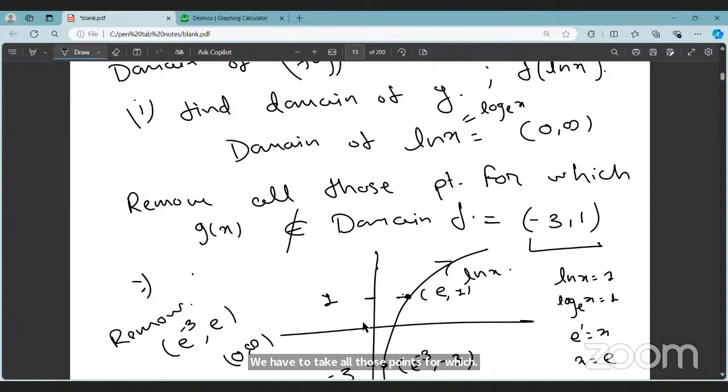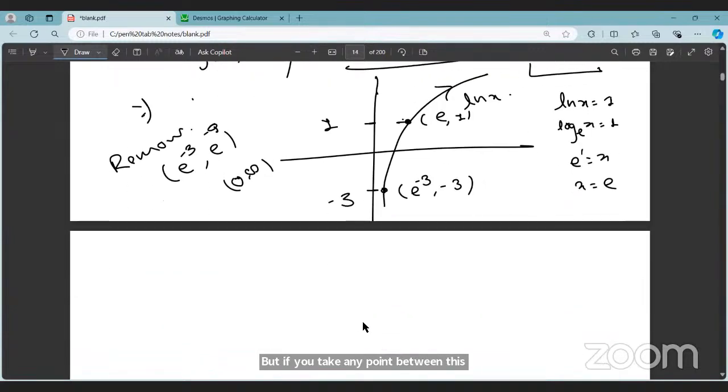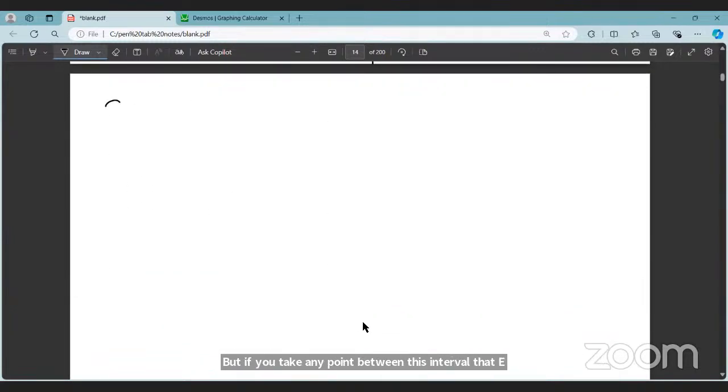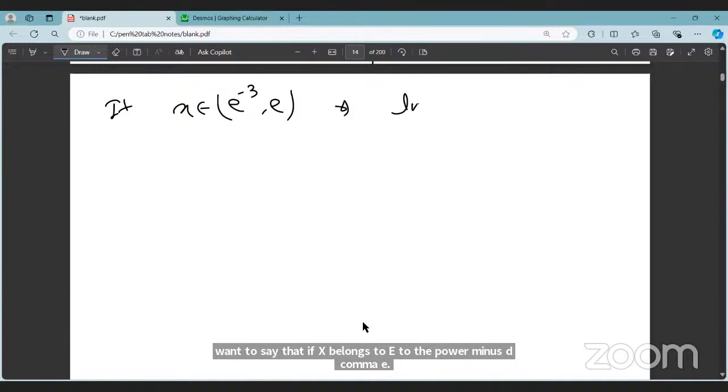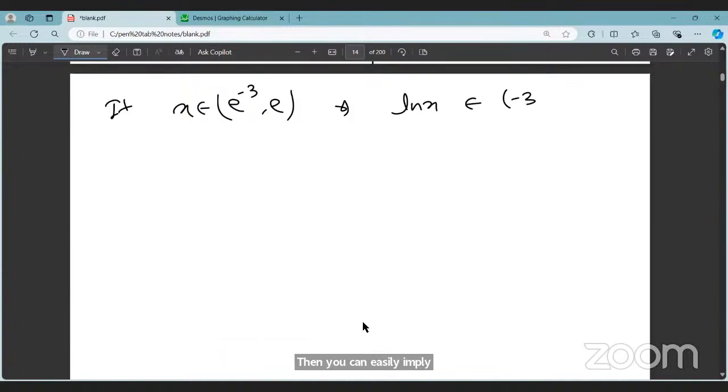I mean, we have to find the domain of f composition g. So find the domain of f, which is 0 to infinity. Then we have to remove all those points for which it does not belong to the domain. If x belongs to e to the power minus 3 comma e, then you can easily imply that ln of x will belong to minus 3 comma 1, right?